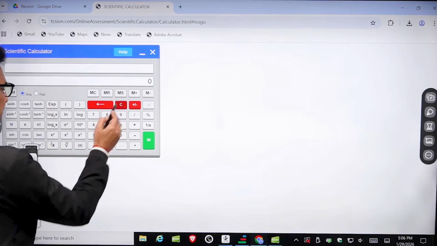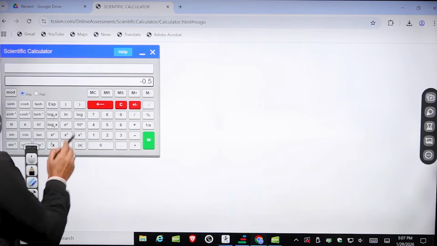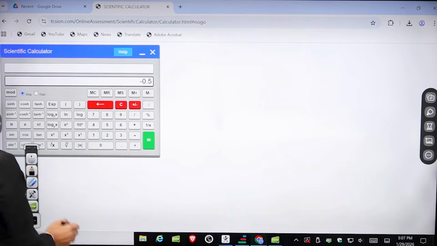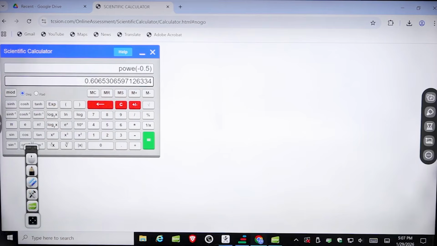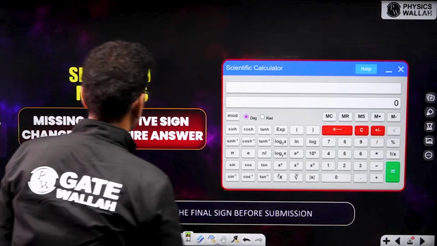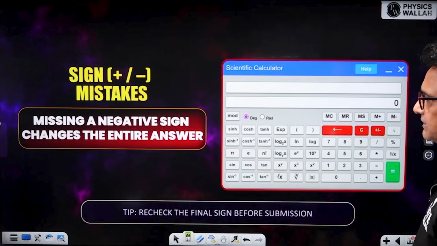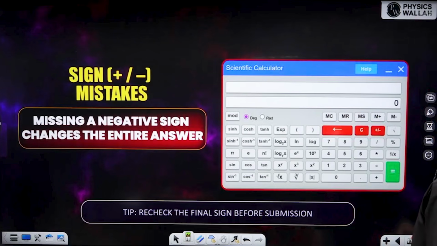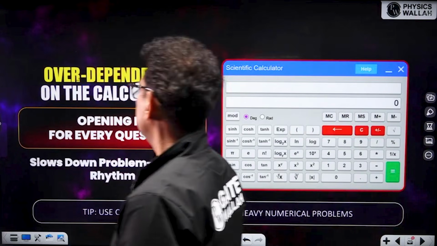But what do I have to do? It's not 0.5, it is minus 0.5. So first make sure whether it's positive or negative, then find the answer. Otherwise, the complete calculation will become wrong. So missing a negative sign can change the entire answer.